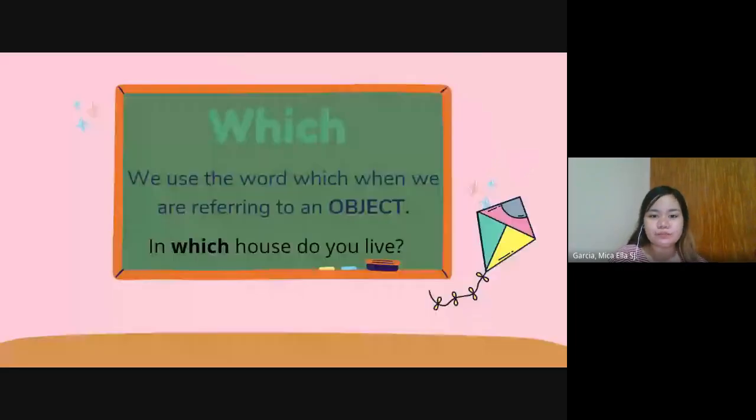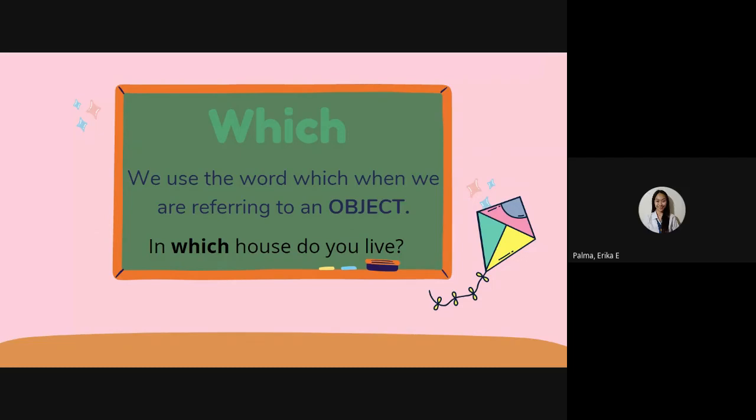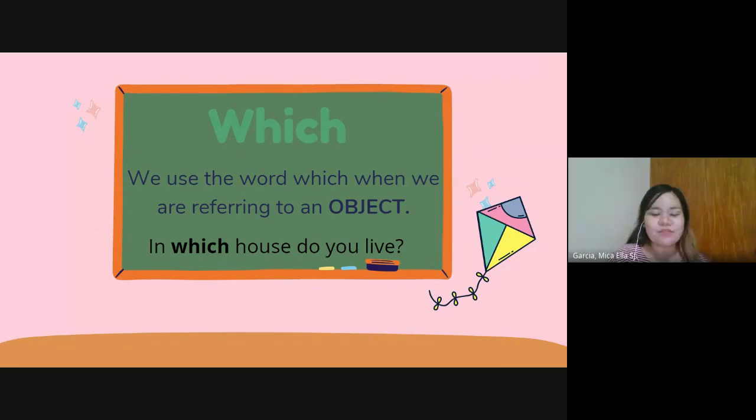First, the relative pronoun which. We use the relative pronoun which if we are referring to an object. Again, when do we use the relative pronoun which? Yes, Erica? When we are referring to an object po, ma'am. Very good. When we are referring to an object or a certain thing.